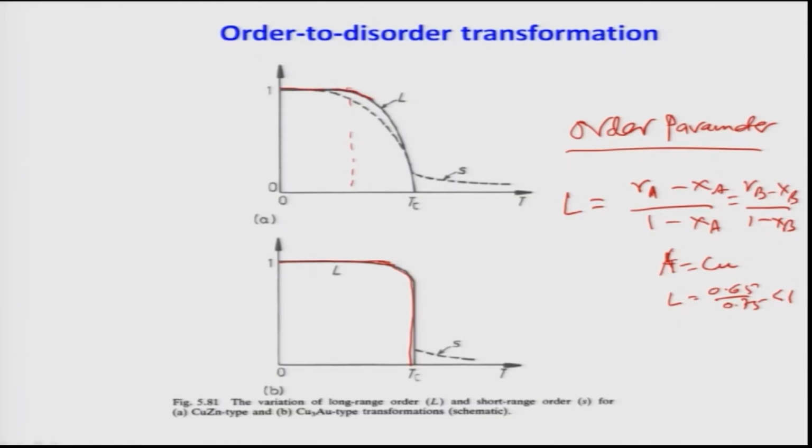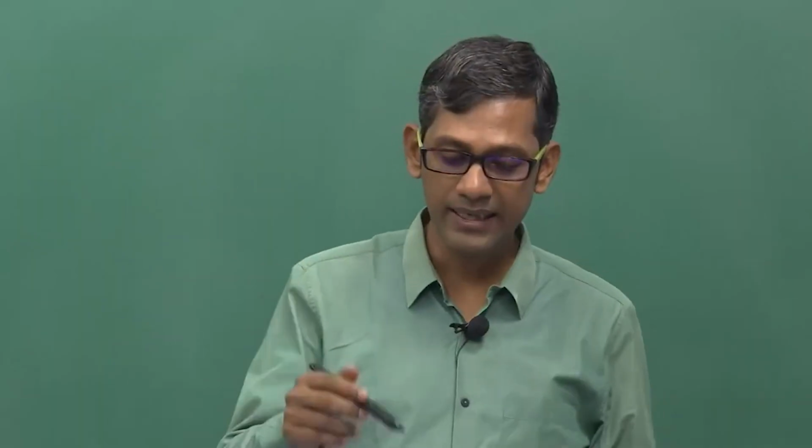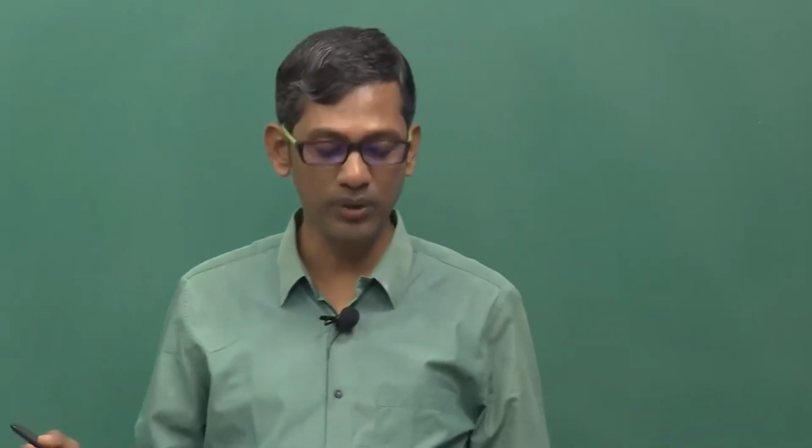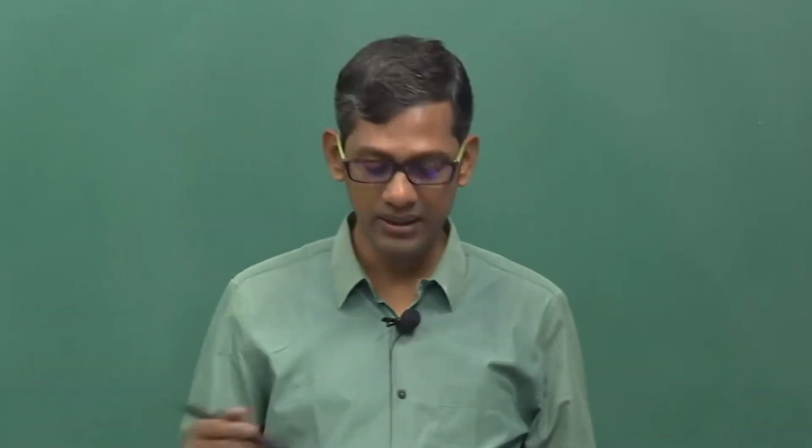You see, slowly it is decreasing, and it does not drop off to 0 at Tc. So, these two are different kinds of ordering. In one case the order parameter drops from a very high value to 0 exactly at Tc. In the other case it slowly decreases and reaches 0 at Tc. The first one, the top one, is known as continuous ordering, and the second one is known as discontinuous ordering. Okay.